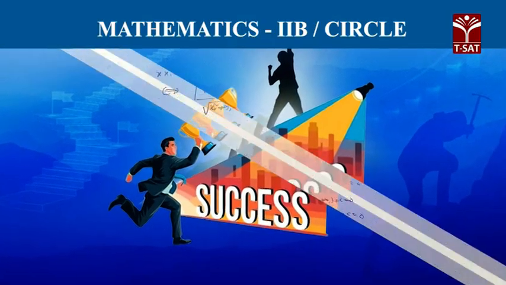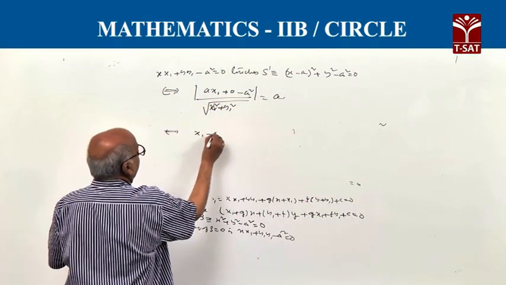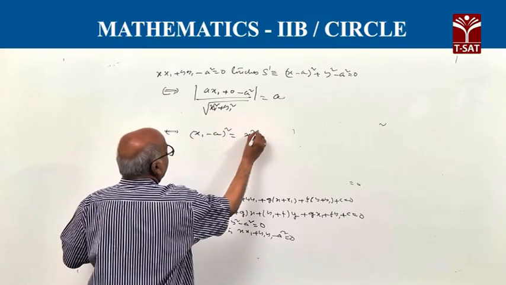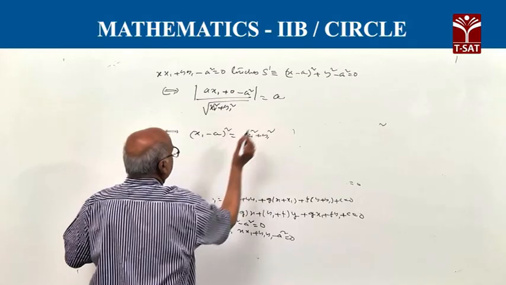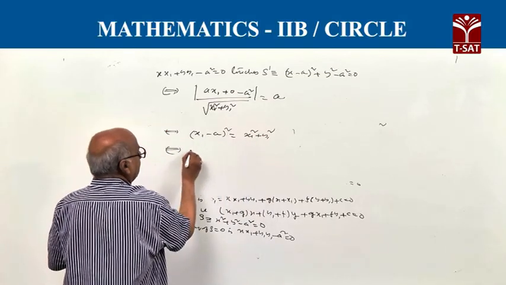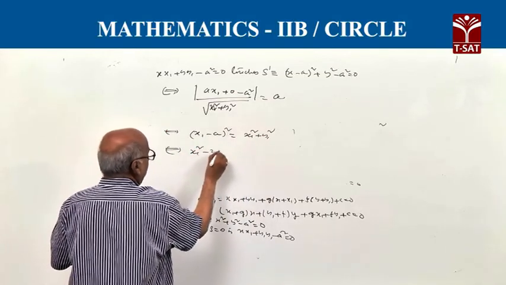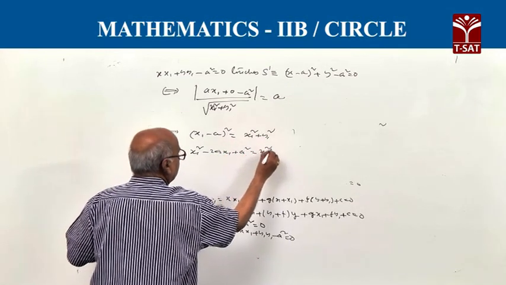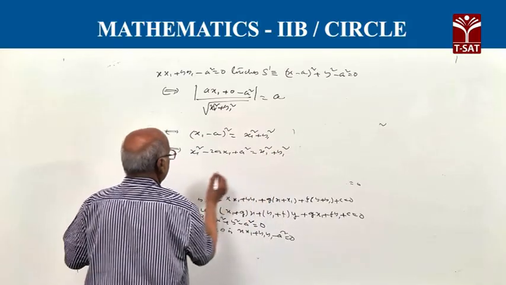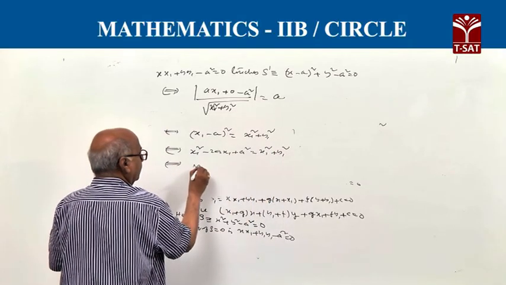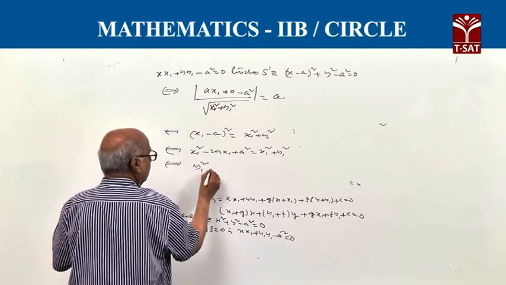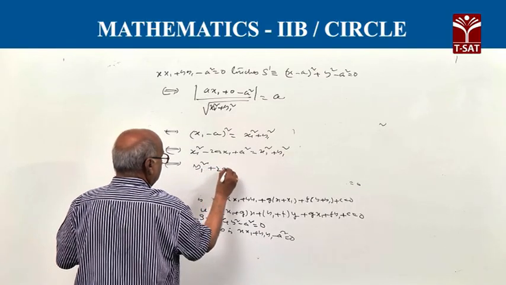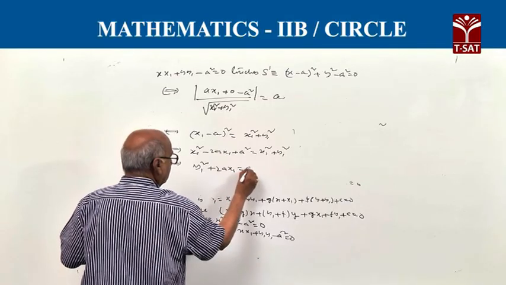So that is if and only if (x1 − a)² = x1² + y1². So that is x1² − 2ax1 + a² = x1² + y1². So that is if and only if y1² + 2ax1 = a².